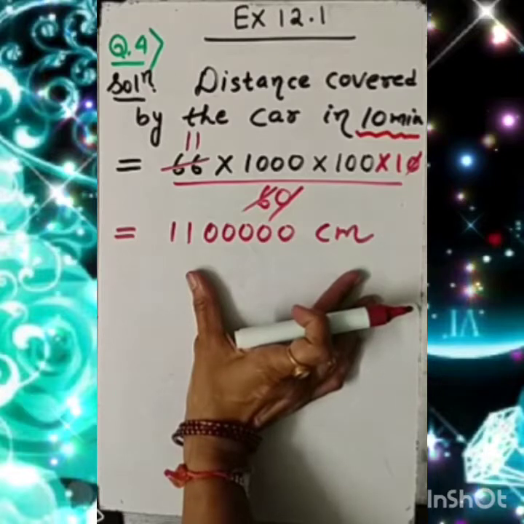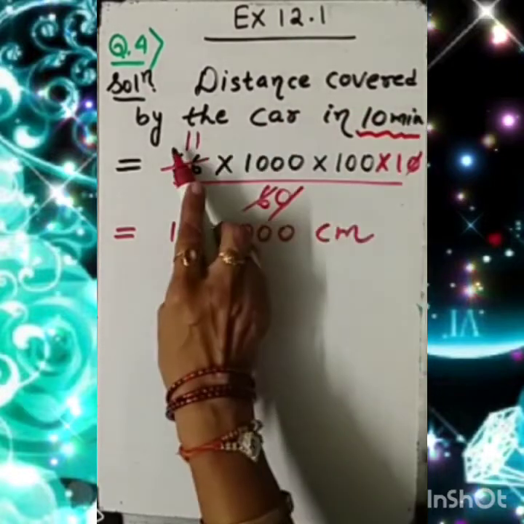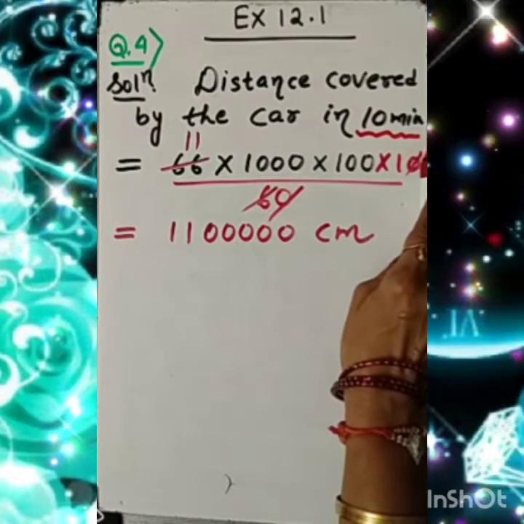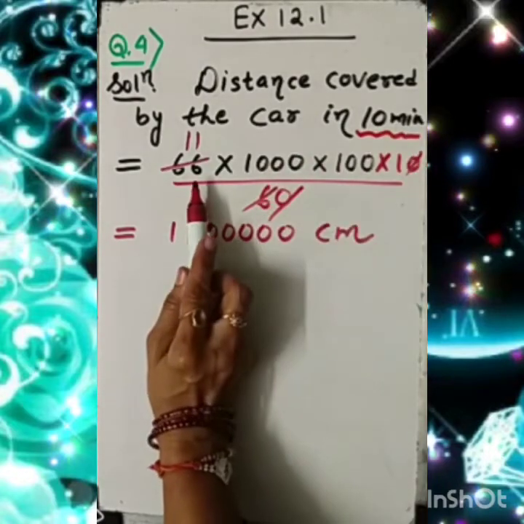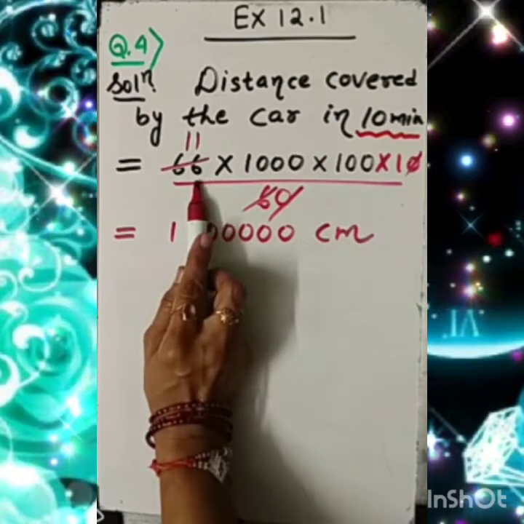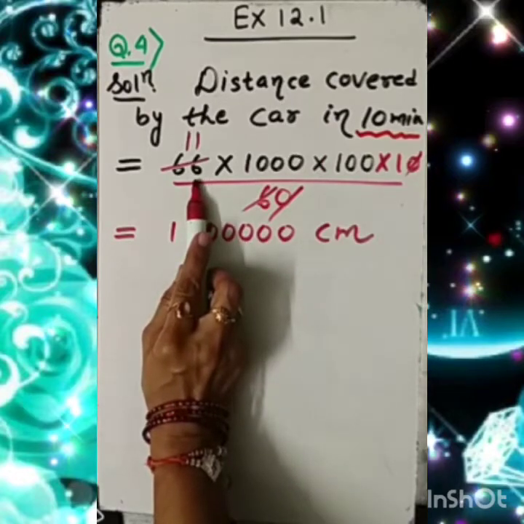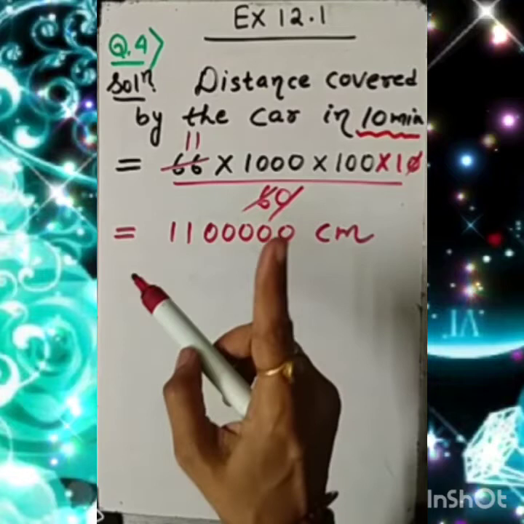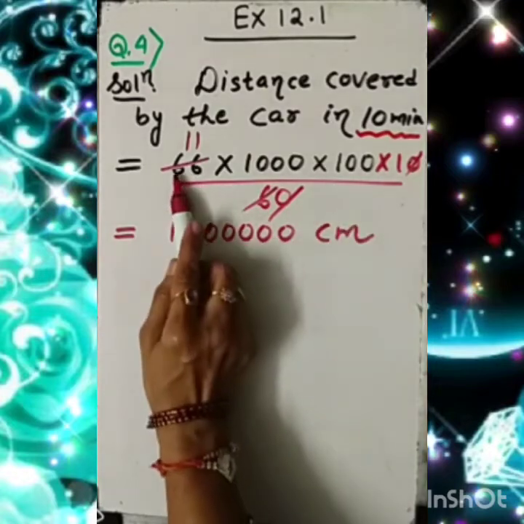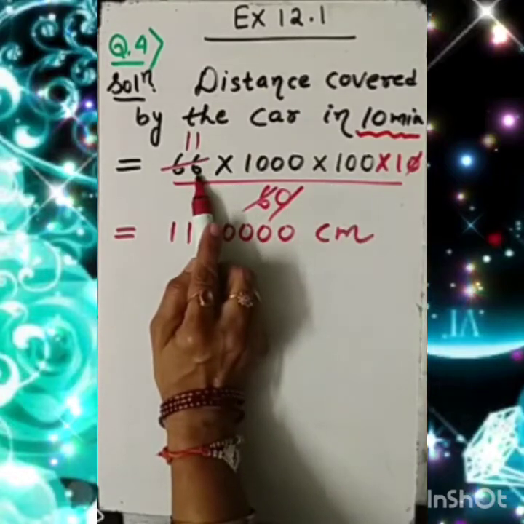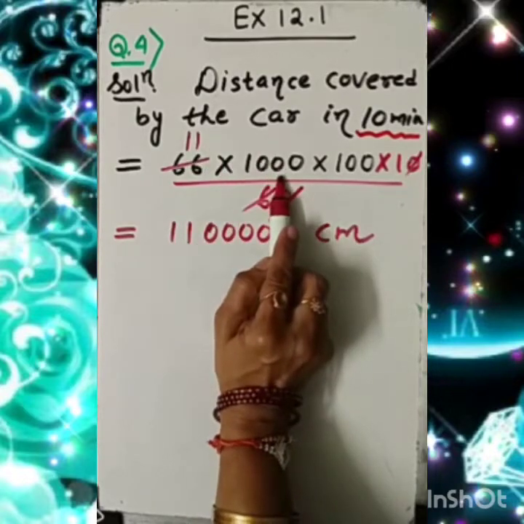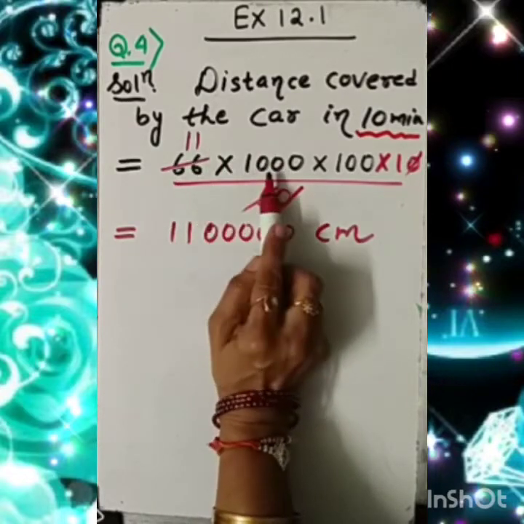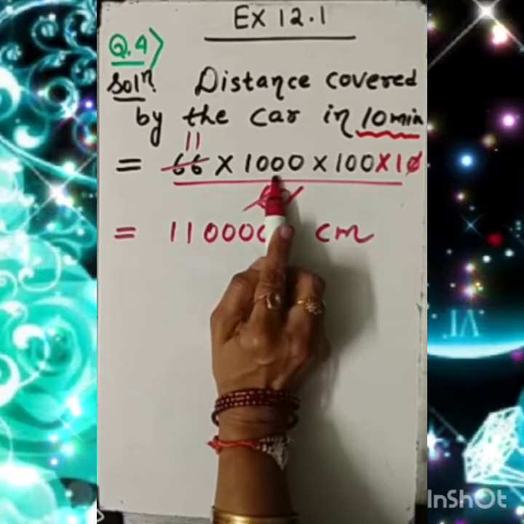So again I am explaining here: the distance covered by the car in 10 minutes, we have to find for 10 minutes. First, focus on this: it is given 66 kilometer per hour. It means in 1 hour the distance covered by the car is 66 kilometer. But it is in kilometer, so first I am converting into meter by multiplying 66 by 1000, as we know 1 kilometer equals 1000 meter.